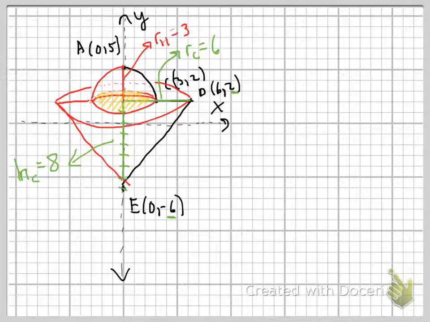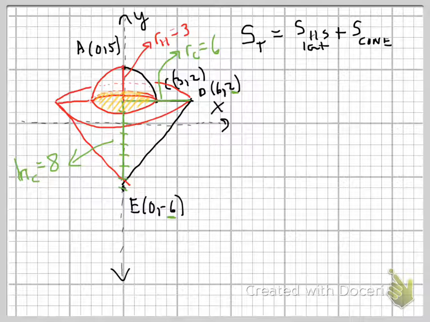So really our plan is this: the total surface area is going to be the lateral surface of a hemisphere plus the total surface of a cone.